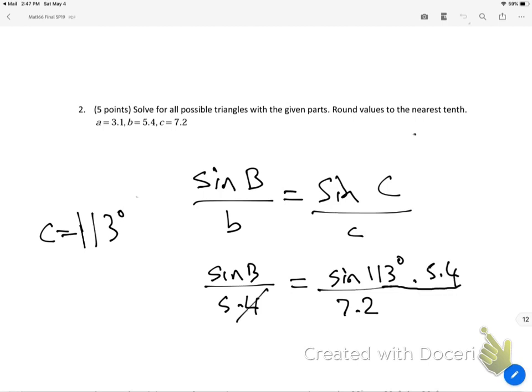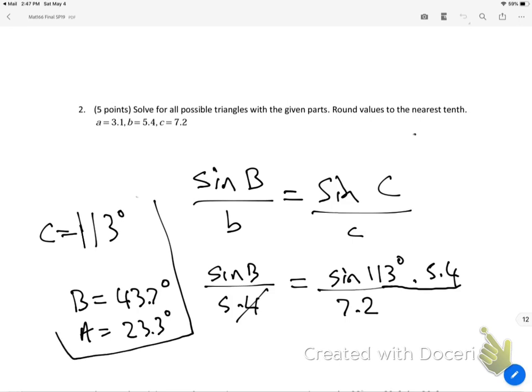So you just put all that in your calculator and you will get that B equals 43.7 degrees. And now it's just a question of filling everything out. That means A is going to be 23.3 degrees, and that's it. You've got the three angles because you've already got the three sides. Like I say, take a look at page 657, section 7.2 for that one.